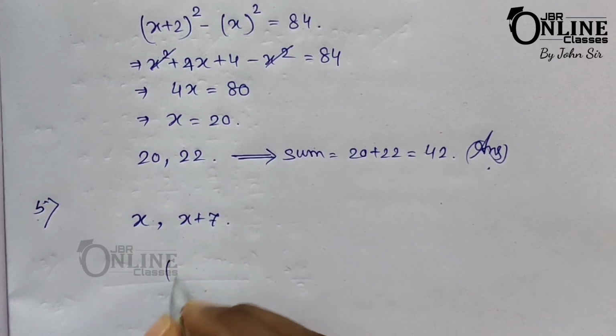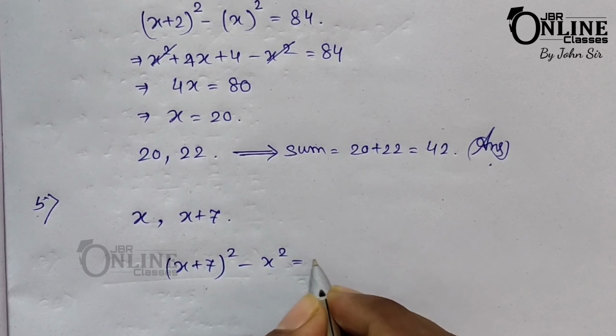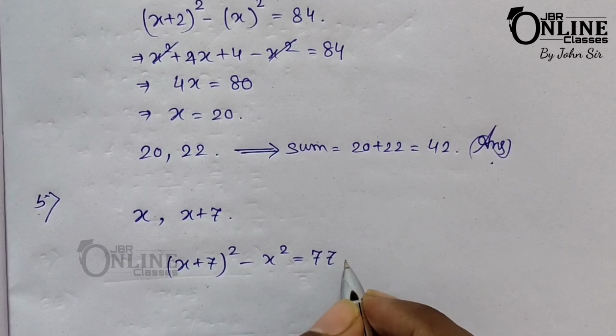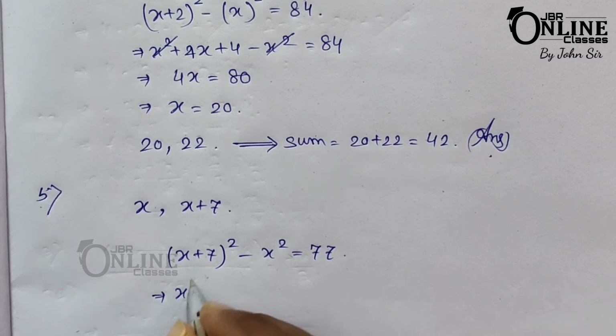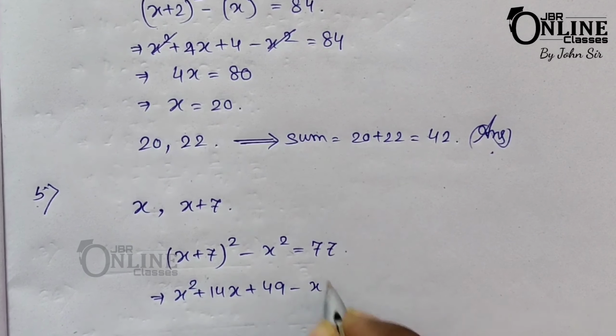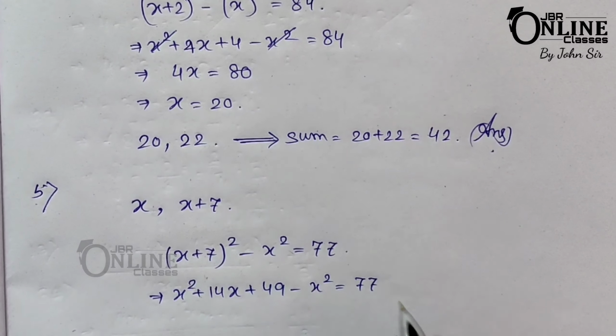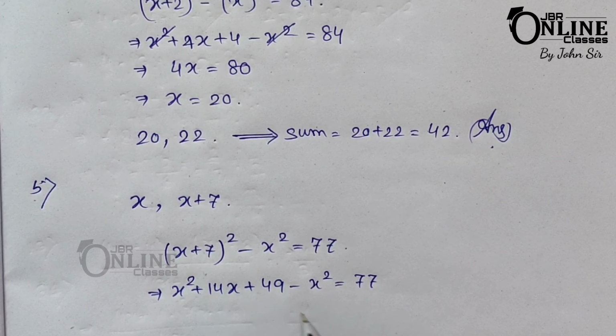So (x plus 7) square minus x square, and that equal to 77. Now you have to find out the numbers. So same process here, x square plus 14x plus 49 minus x square, and that equal to 77. So x square and minus x square will cancel out.